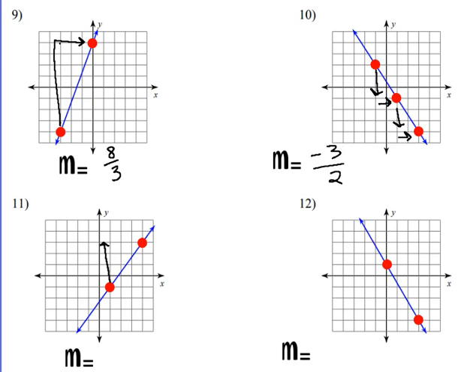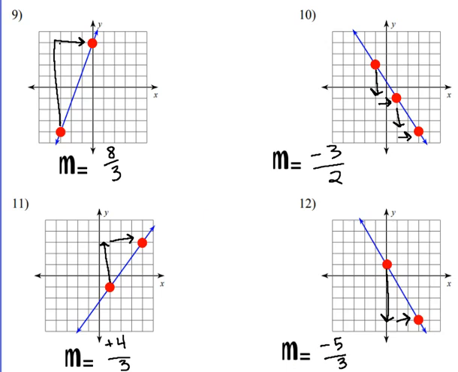This line goes up 4 over 3 for a slope of 4/3. And this line is falling, it's decreasing, down 5 over 3.